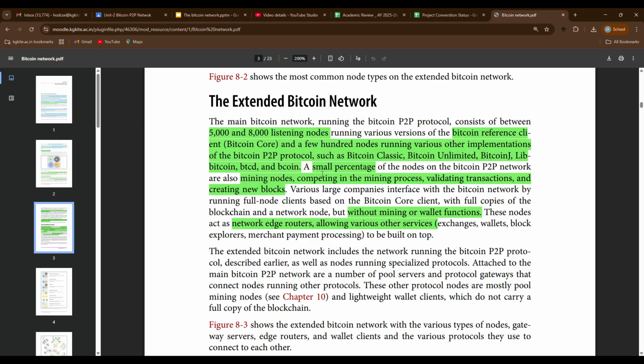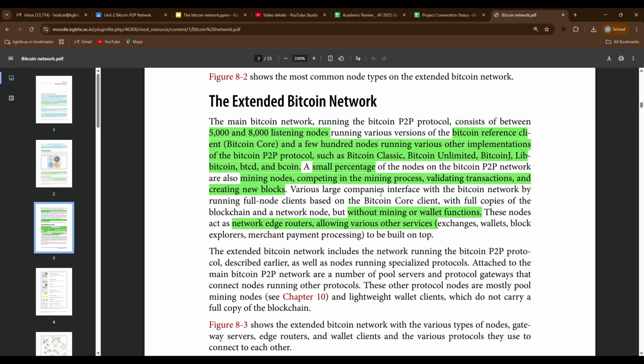A small percentage in the network will act as mining nodes, because they want to do the mining process, validate the transactions, and create new blocks. That is the whole job. And it is up to you whether that node includes mining or a wallet. If it has neither mining nor a wallet, then you call that node a network edge router.